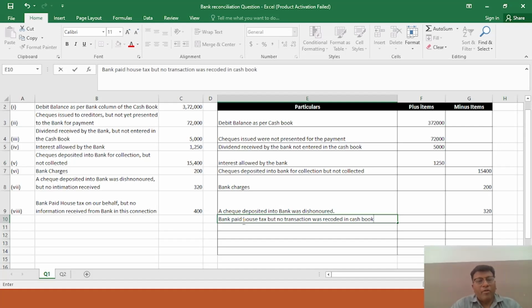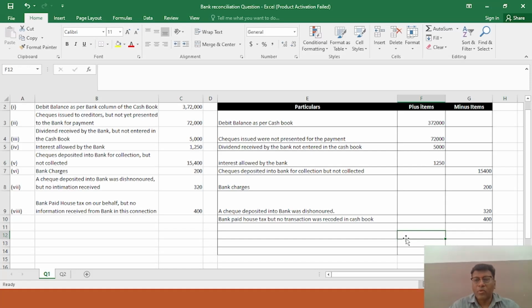So you see rupees 400 which was paid as a house tax on our behalf by the bank, right? So bank balance was reduced over there, but as you are not having any information regarding this transaction from the bank, so in this connection 400, the balance is less in the bank, so you have to write it in the minus items.